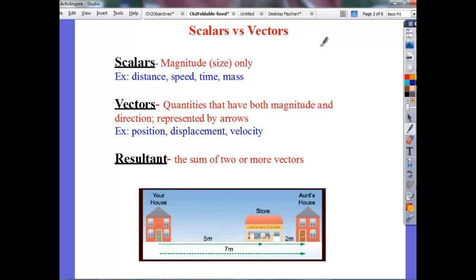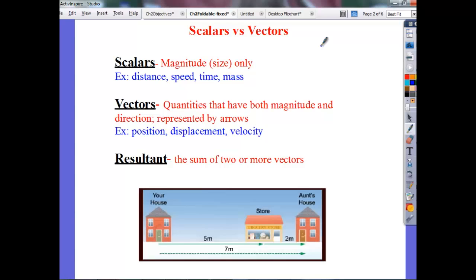So when we add scalar numbers, we get a sum. In math, 2 plus 3 equals 5. However, in physics, 2 plus 3 does not necessarily equal 5 if those numbers are vectors. What it means to be a vector is that a number not only has magnitude, but it also has direction.